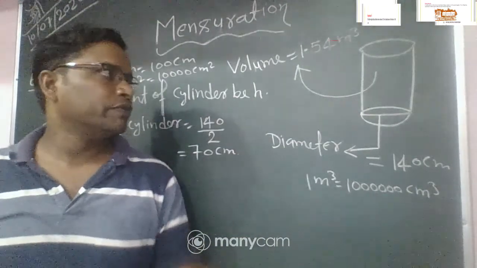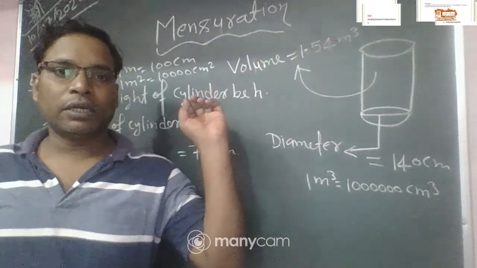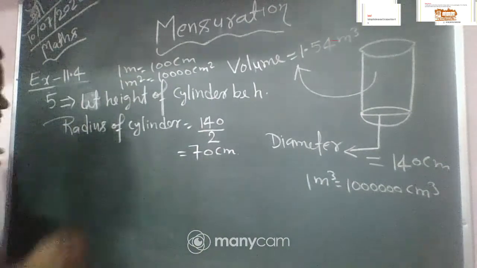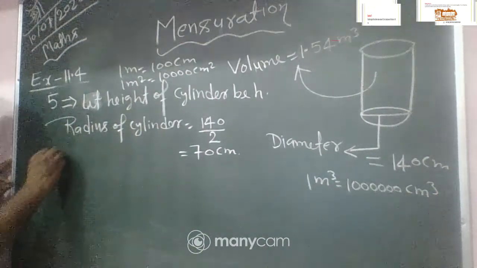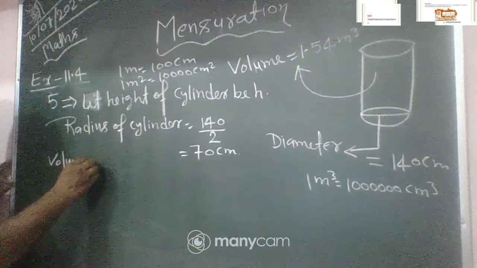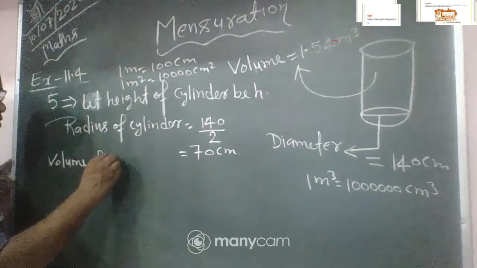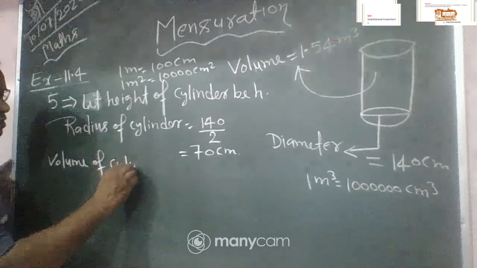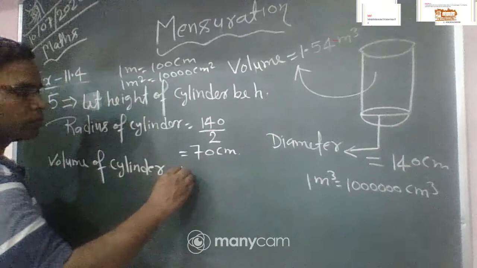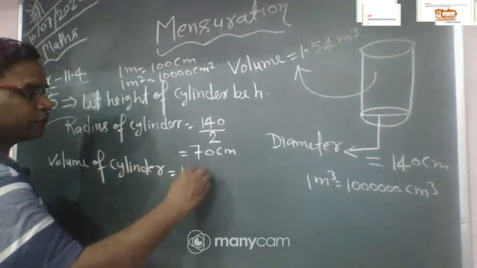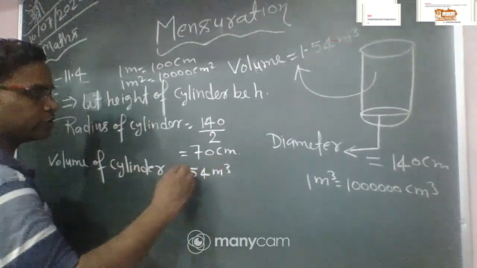Okay. So we first change the volume of cylinder. Volume of cylinder is equal to 1.54 meter cube.